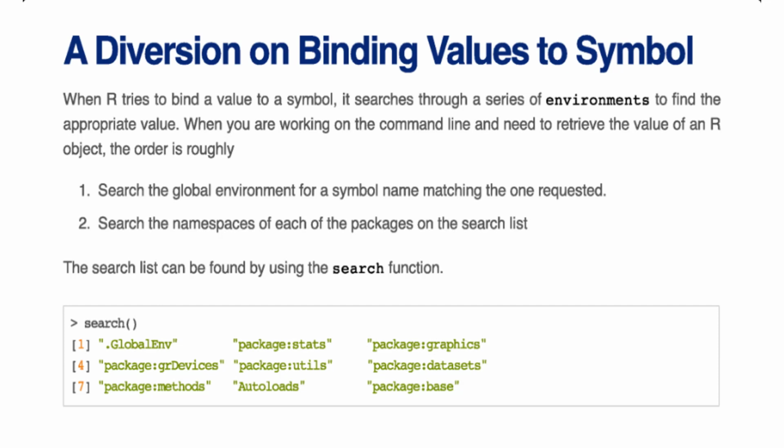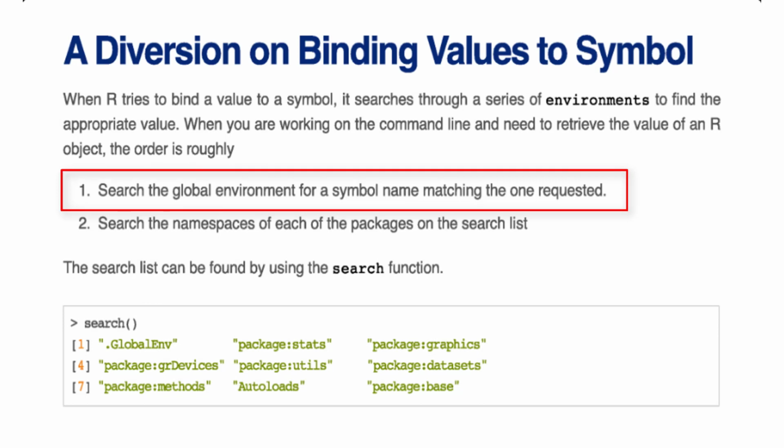When you are working on the command line and you need to retrieve the value of an R object, the first thing that happens is you search the global environment for a symbol name matching the one requested.